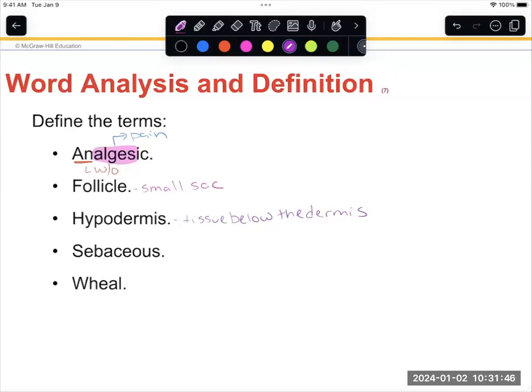We mentioned those. Those are those oil glands, or it meant candle wax, that waxy kind of material. We had already defined that one. And then a wheal. A wheal is a small, itchy swelling of the skin.